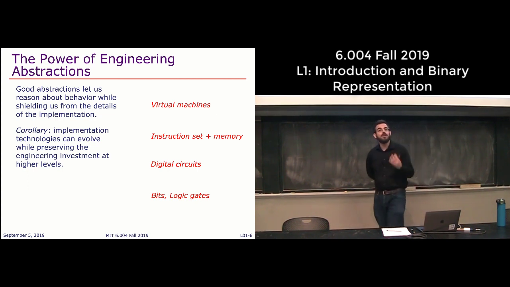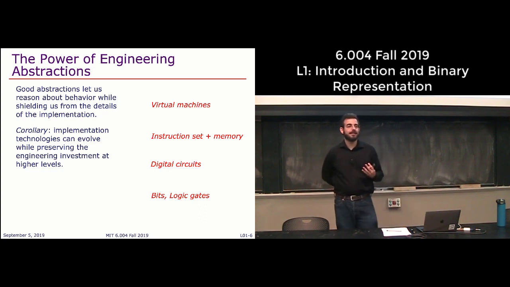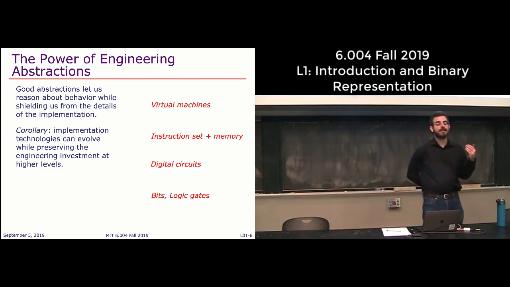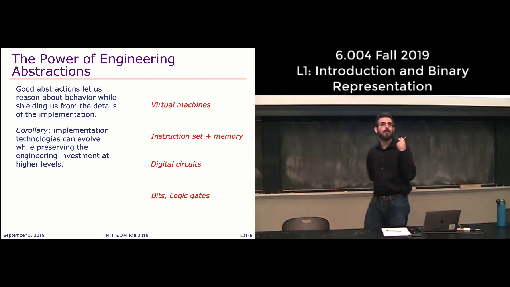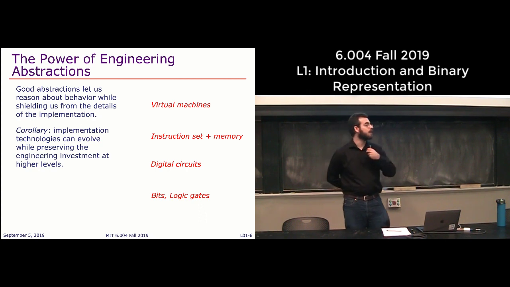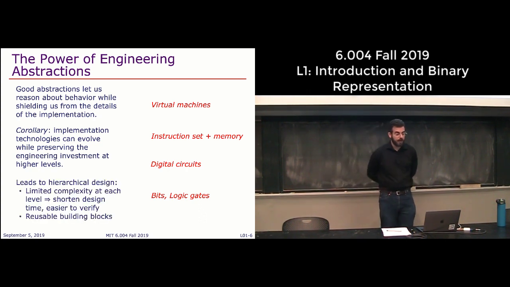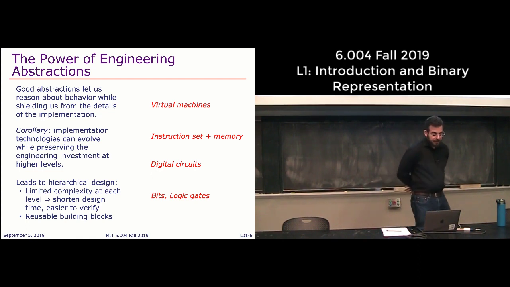And to also reuse all the investment that we've made in each of the layers, right? So you can take, for example, the programs that you coded for a computer built 50 years ago and run them on a system today. So basically, this leads to a style of design that is hierarchical, right?